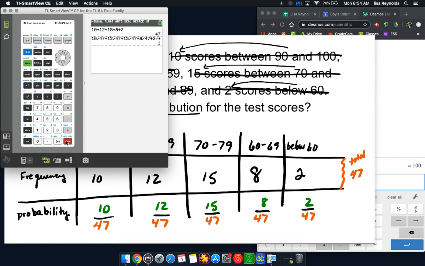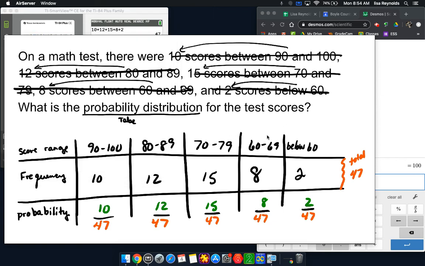So all of your probabilities together should equal 1. So it is our category, our frequency in each category, and our probability is our frequency over the total information. And our total comes from the sum of our frequency.